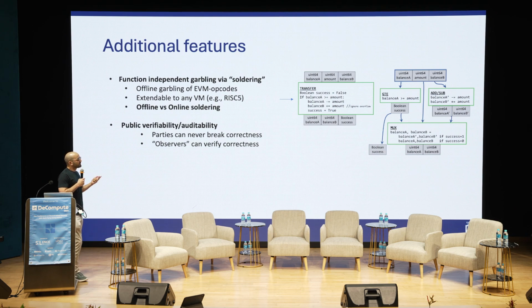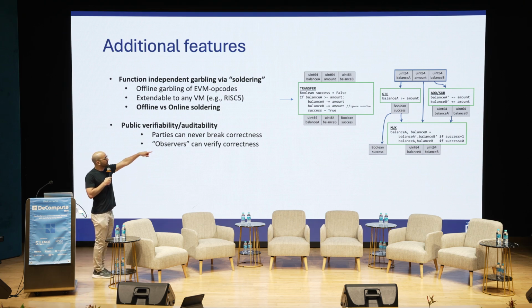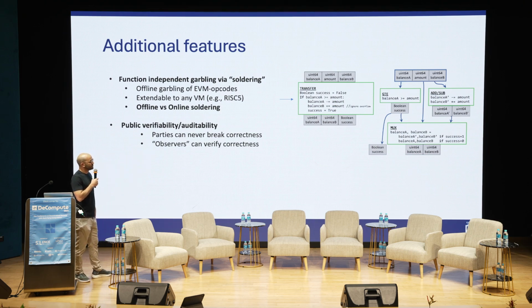There are two types of soldering that we can do. One type of soldering is called online soldering. It means that, for example, if you take the result of the GTE gadget, then only when you get the key on the output of that gadget, you will do the soldering with the MUX gadget specifically.